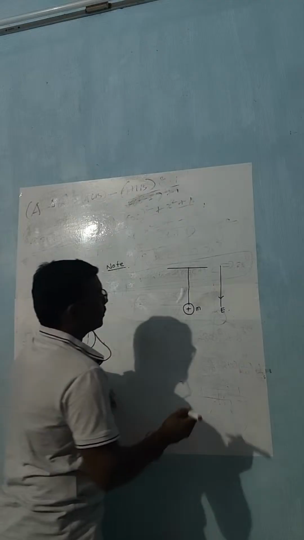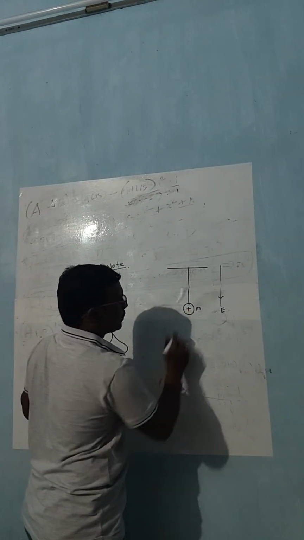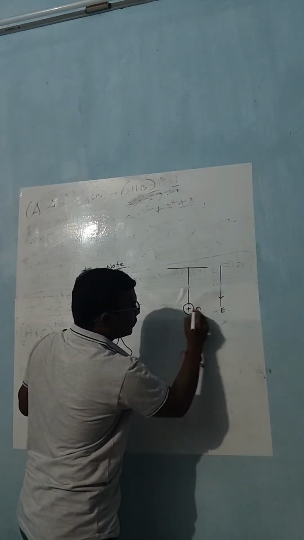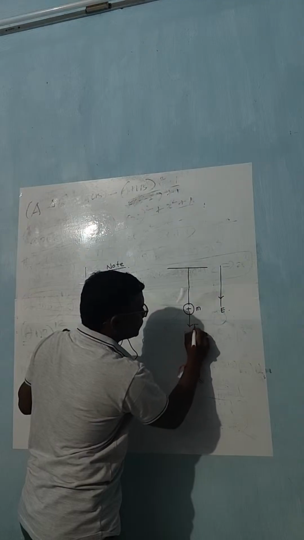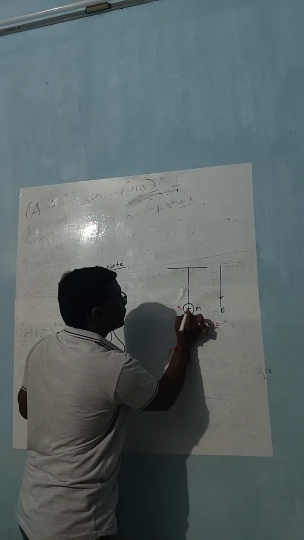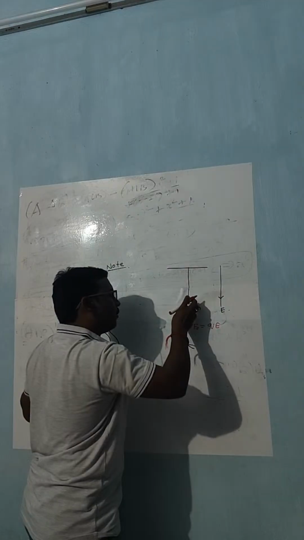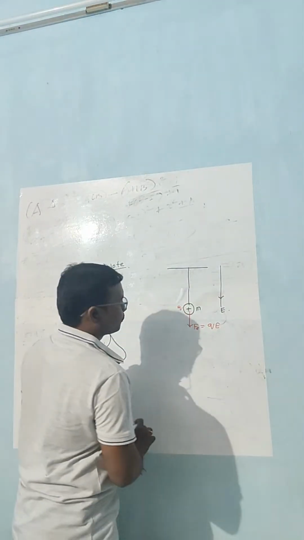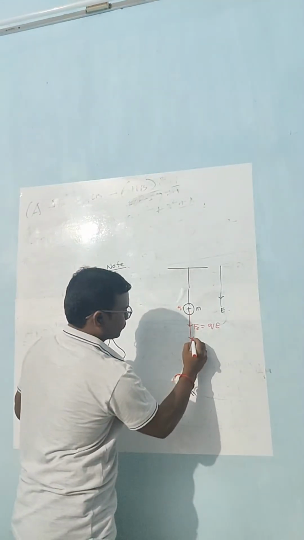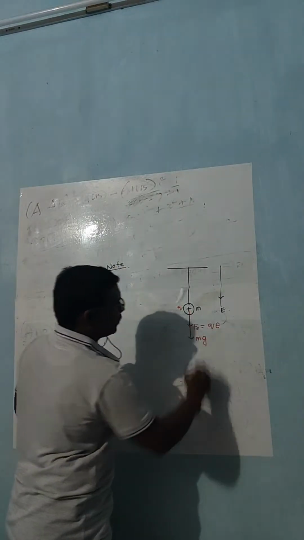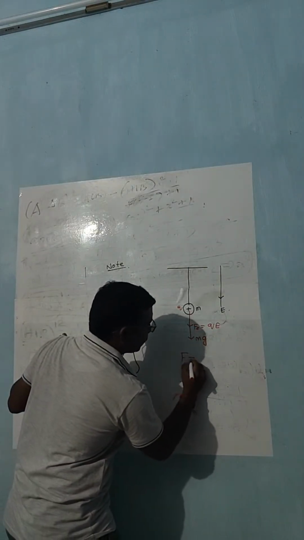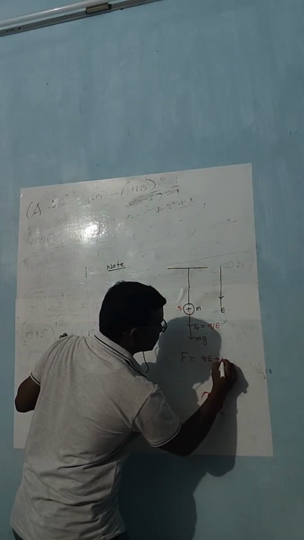So now notice that this is a positive charge, so the electric field is in this direction, as I already discussed with you. The force experienced due to the electric field is qE. It is a positively charged sphere or small body, so the charge is q here. In the same way it also experiences mg in the downward direction. So F equals qE plus mg.